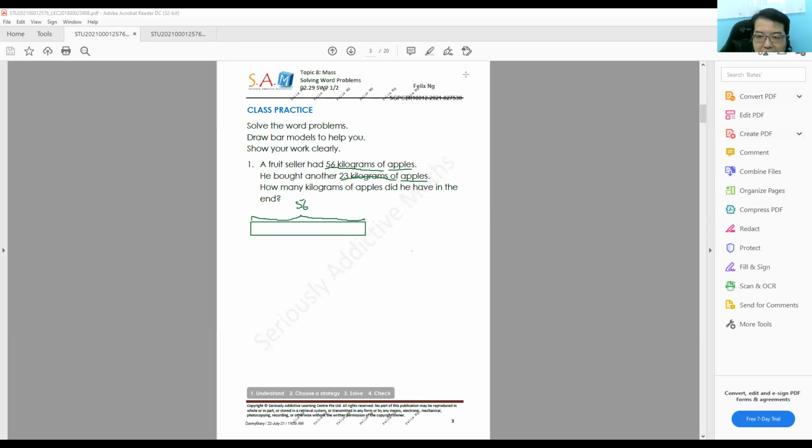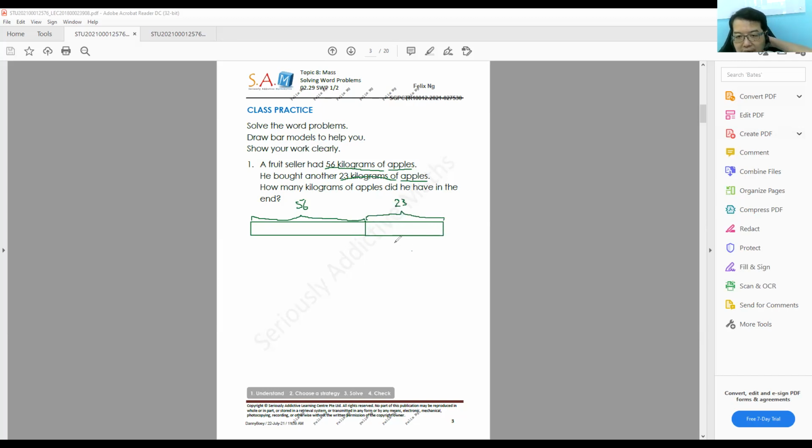So how do we do this? It's an add-on, isn't it? Another 23 kilograms. Do it that way. Please draw together with me. So this is 23 kilograms.